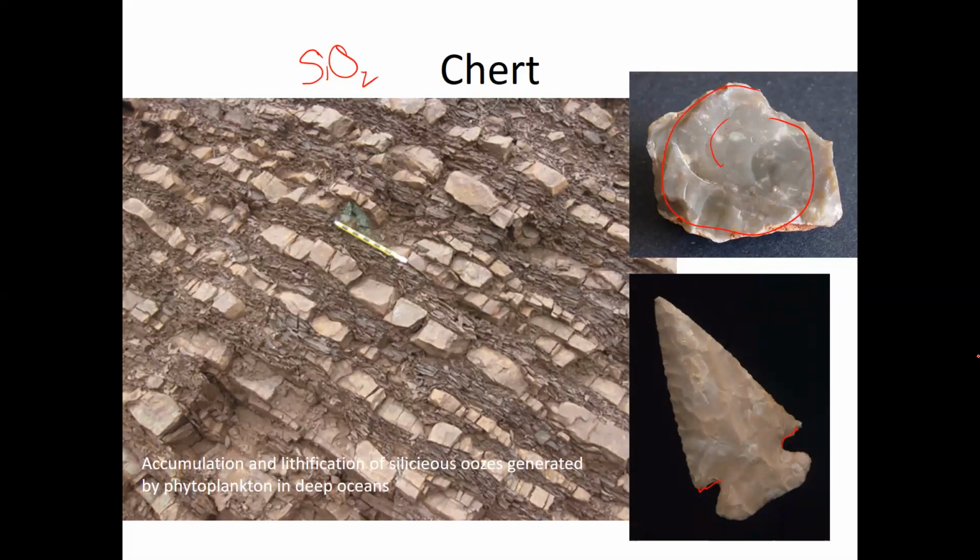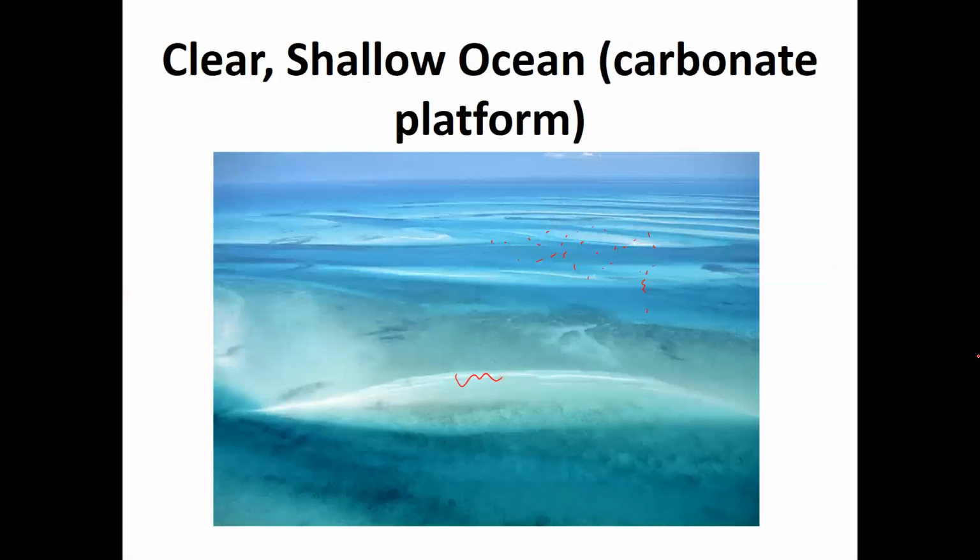And that higher acidity of the water causes the calcium carbonate to dissolve back into the water. So that calcareous ooze, like we see here, can't accumulate on cold seafloors, like on the very deep seafloor or the polar seafloors near the North Pole or South Pole.